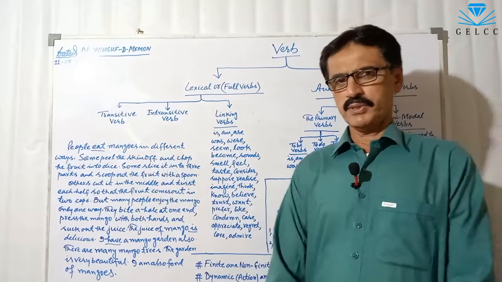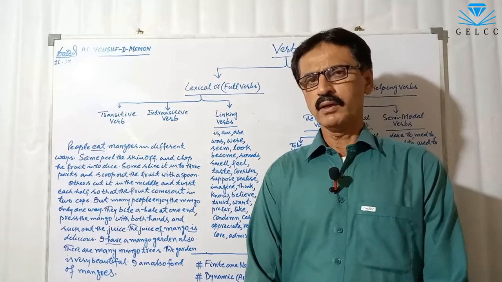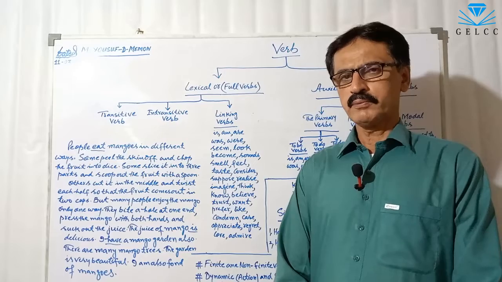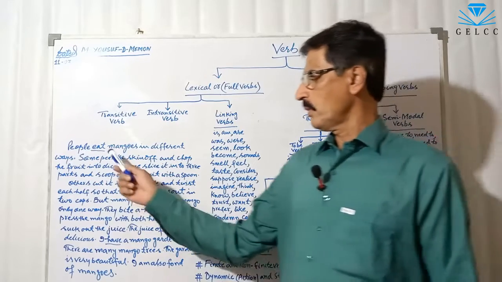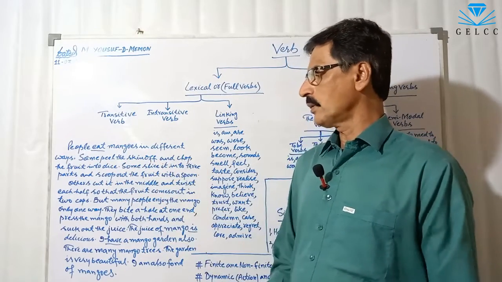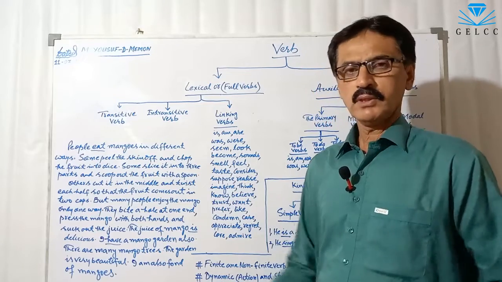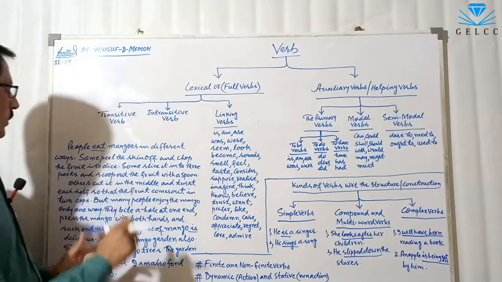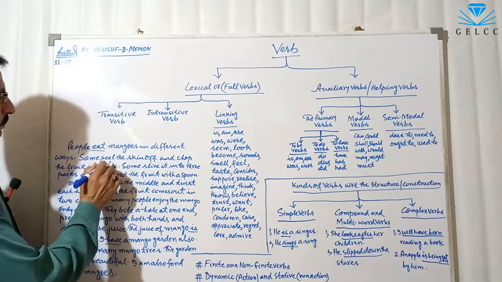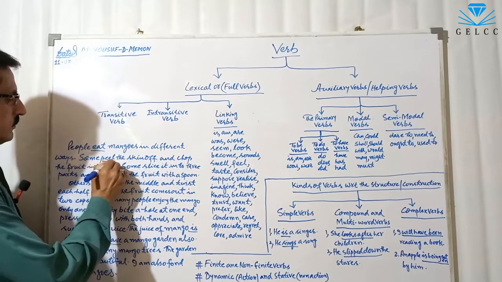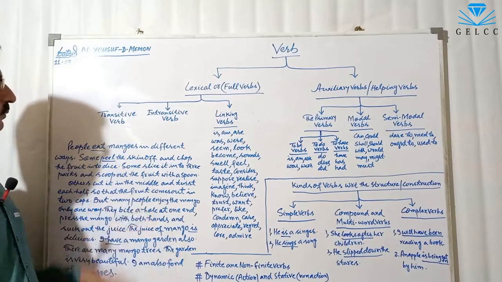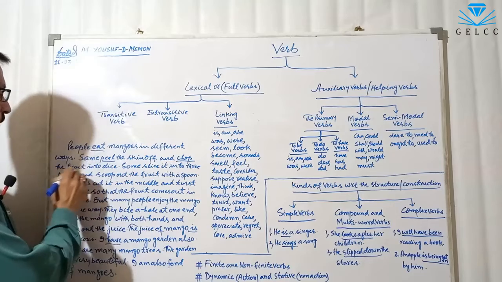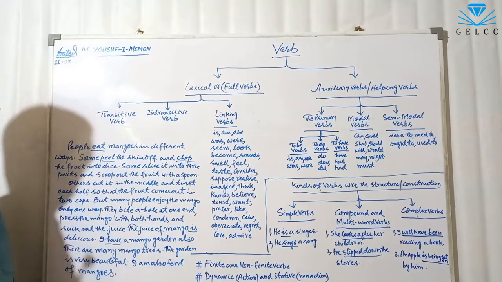Here I have written a passage. We have to find out verbs from this passage. People eat mangoes in different ways. Eat is verb. Now, some peel the skin off and chop the fruit into dice.